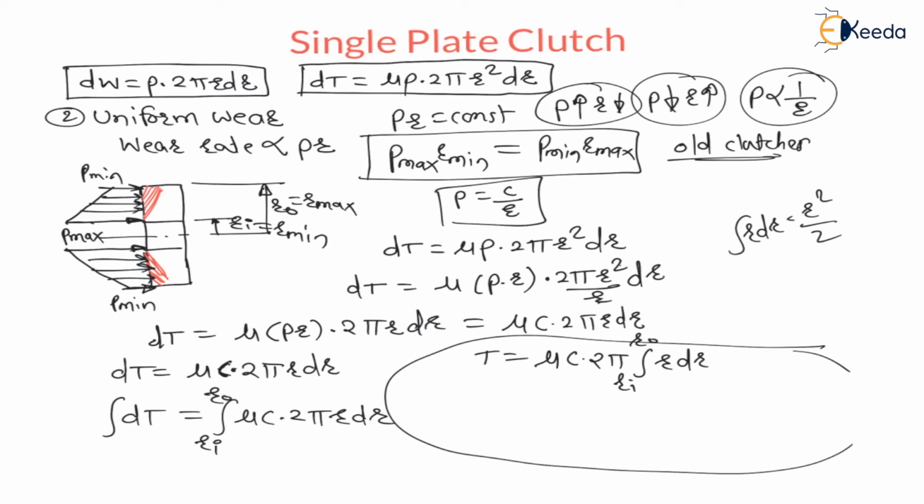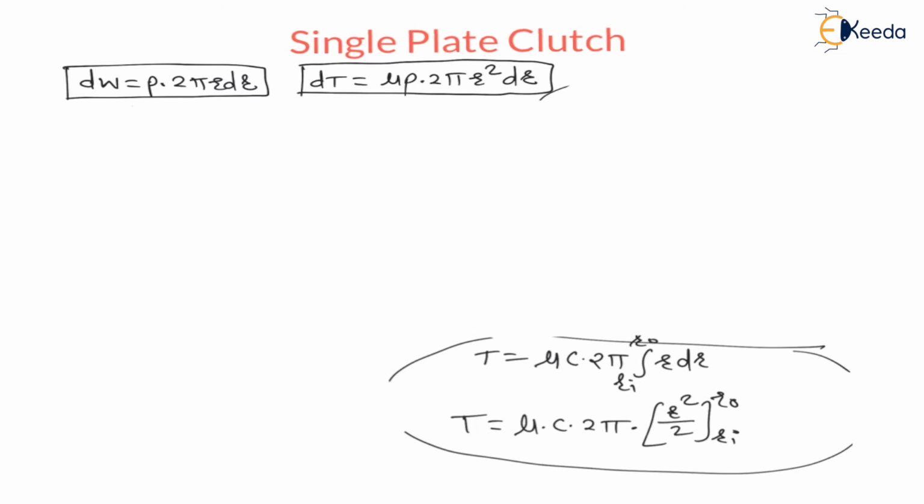Putting the limits, torque is equal to 2 pi mu c into ro square minus ri square divided by 2.